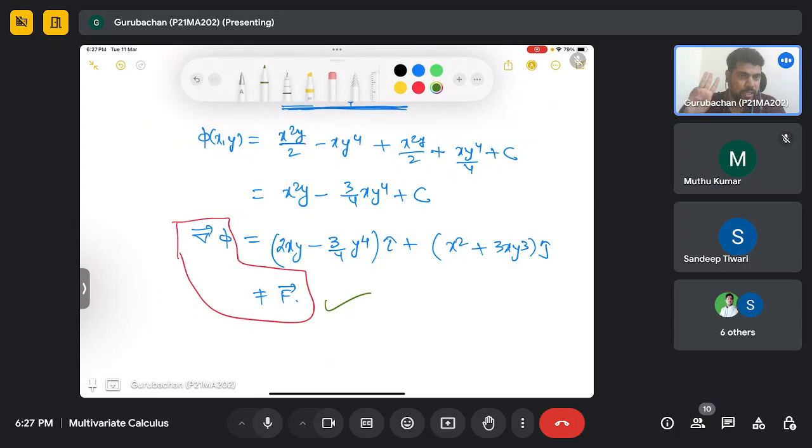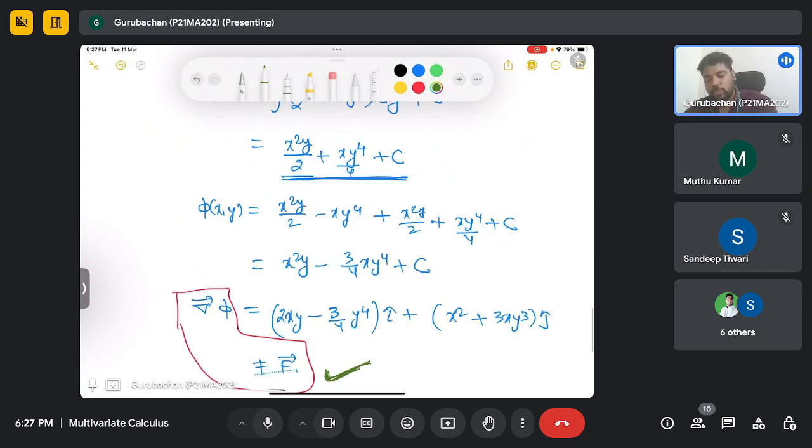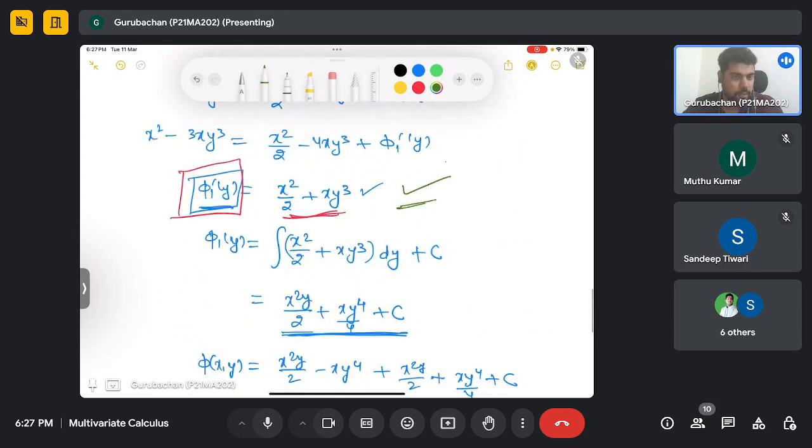So I have told you three reasons for the non-existence of a potential function corresponding to this given particular vector field. Okay, so your reasoning is correct. I am not telling you that is wrong. I am just trying to get to this particular step so that I can also show you that del phi is not equal to f. You are correct. We don't need to proceed even after this.